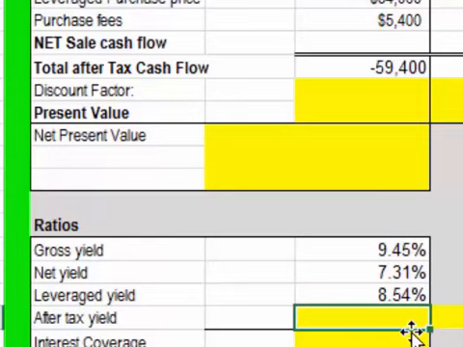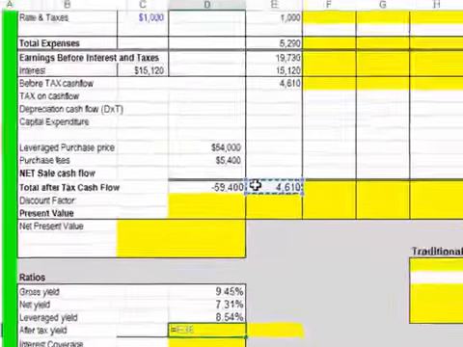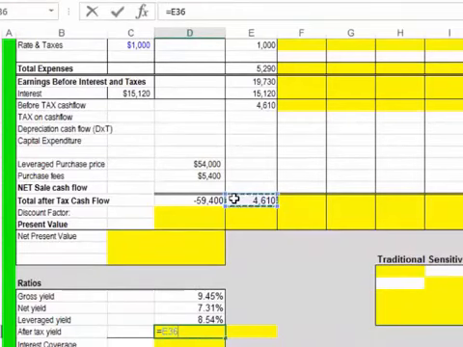However, we'll complete the calculation. We're going to use, in this case, and I'll start the equation, the total after-tax cash flow as the net operating income amount that we're going to be using here for this yield. We're going to divide that. I'll have to use a negative sign here to keep the conventions working properly.